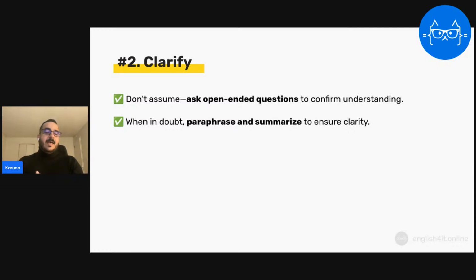So don't assume. Ask open-ended questions to confirm understanding. And this is very important in my role today. I run a group of DevOps engineers from different countries. And I never ask people if they understand, I never say, "Do you understand?" and frame it in a yes/no way, because people have the tendency to say yes, even when they might not necessarily understand.